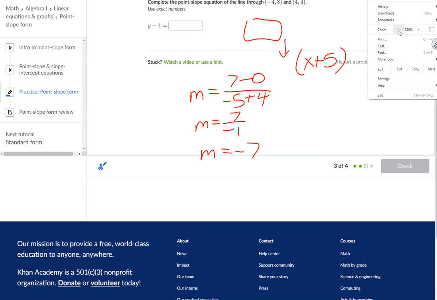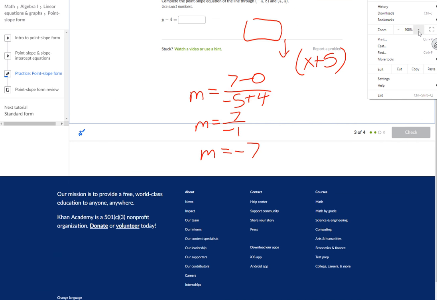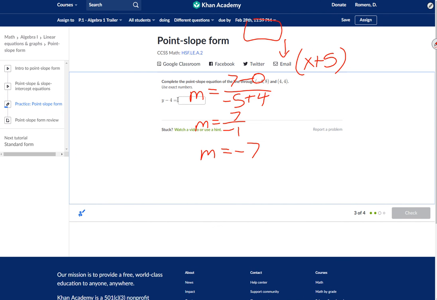And then on this one, we complete both points, right? Not really, because they already have written in at the beginning which point they want you to use. There's a 4 in both points. No, one is 4 and one of them is negative 4. You have to use a positive 4, because that's already after they change the sign.